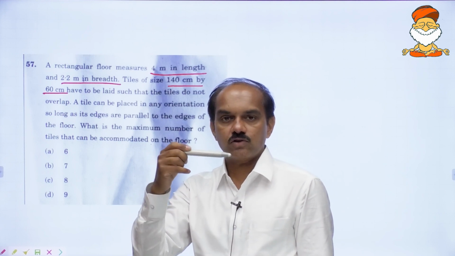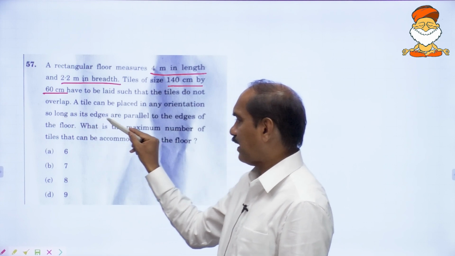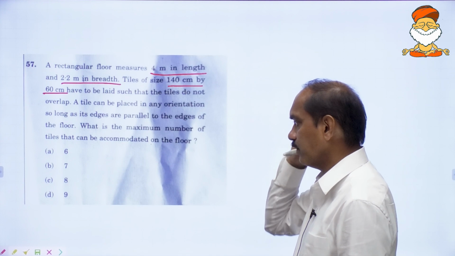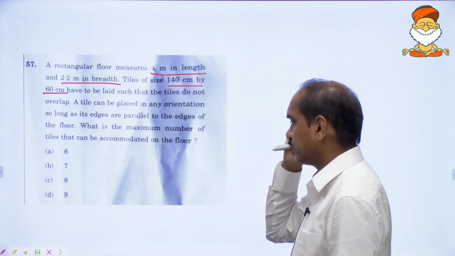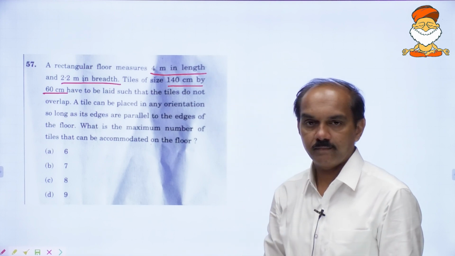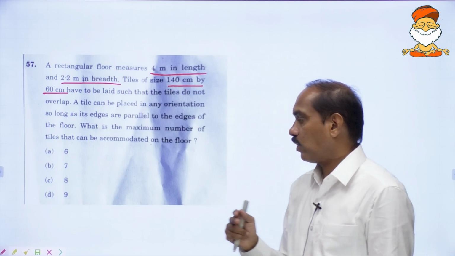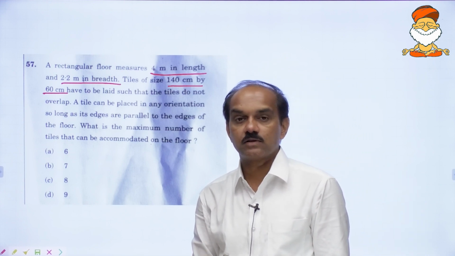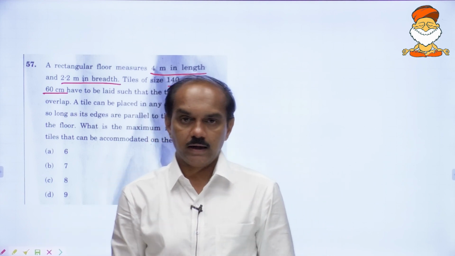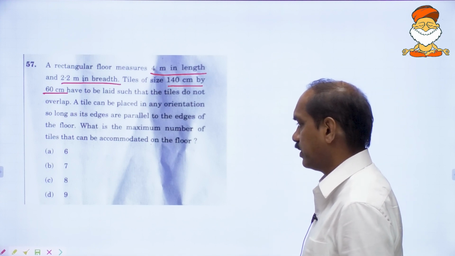You can place it horizontal like this or vertical like this, in any orientation, so long as its edges are parallel to the edges of the floor. What is the maximum number of tiles that can be accommodated on the floor? He is not saying you are supposed to use the full area. Maximum how many you can accommodate.